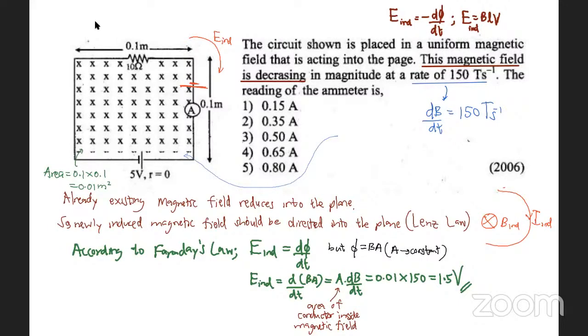How do you put Kirchhoff's law? Sigma E equals sigma IR, because they are asking us to find the current.